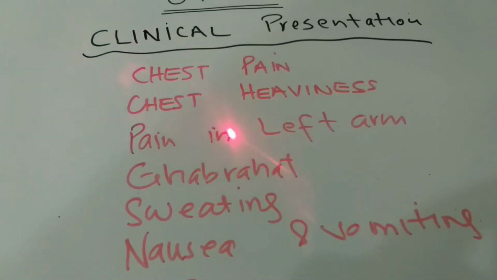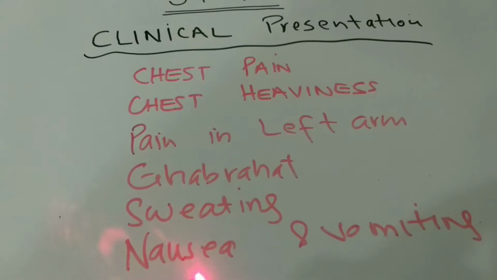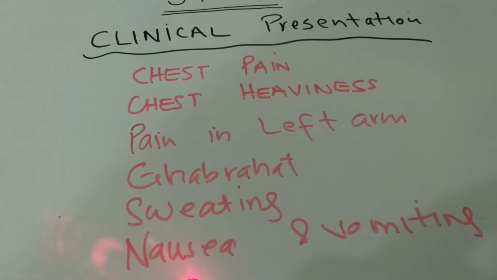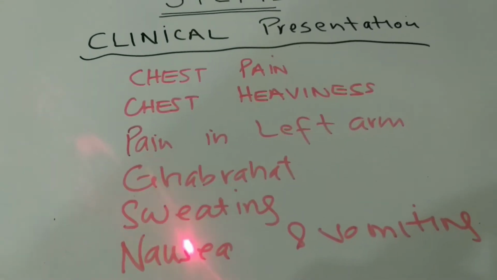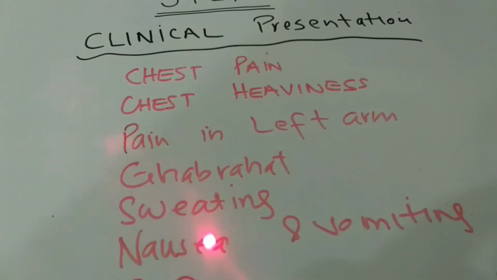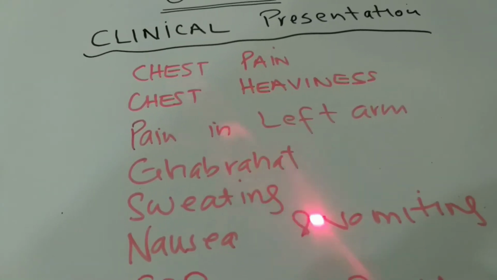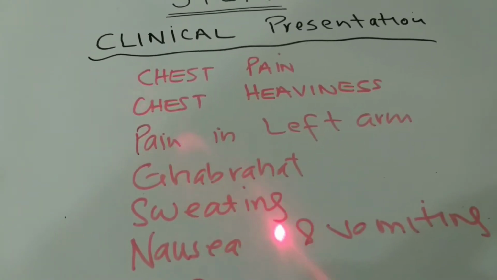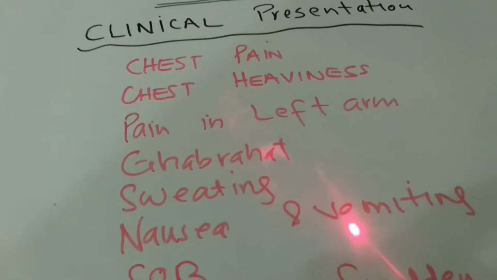Most of the time when there is pain in the epigastrium with nausea and vomiting, and the patient has risk factors, modifiable and non-modifiable, or some of them, do get an ECG, because inferior wall MI sometimes presents with nausea and vomiting and epigastric pain. I have personally seen so many cases. They had been roaming around to different doctors, and ultimately when an ECG was obtained, there was an inferior wall MI.